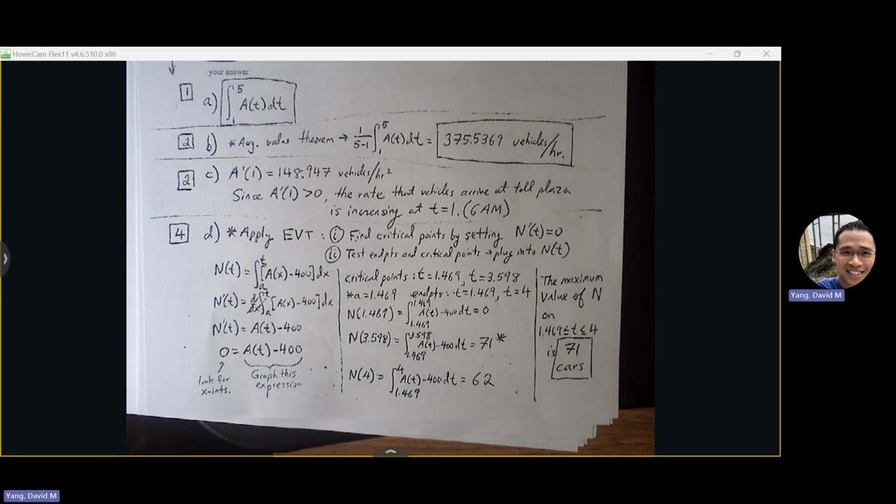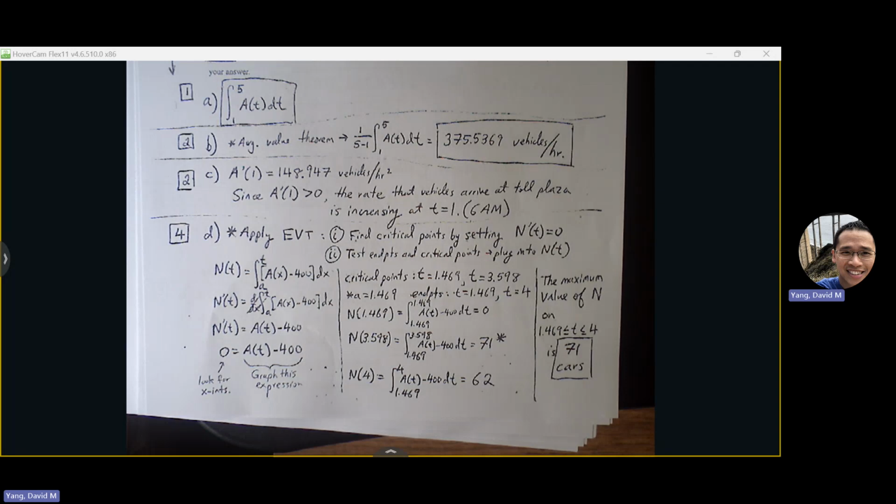So now you're going to be testing your critical points and endpoints. So you have 2 critical points, and then your endpoints are at 0 and 4, and your 1.469 is a critical point.